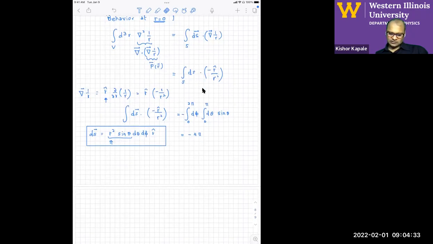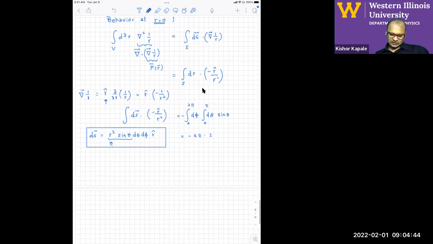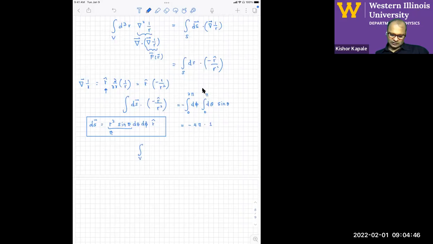Okay, and negative 4 pi times 1, because it's a filter function, right? And so if you think about this, the volume integral of d cube r del squared of 1 over r, when r is not equal to 0, it is negative 4 pi times 1.